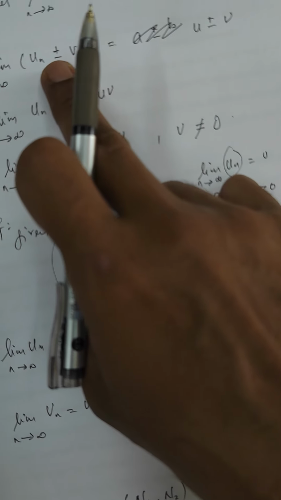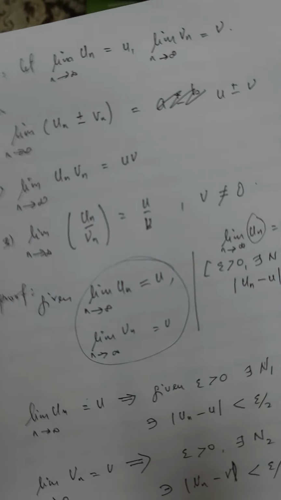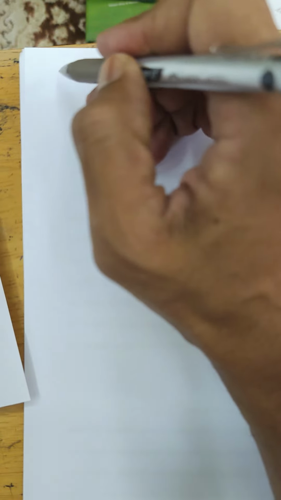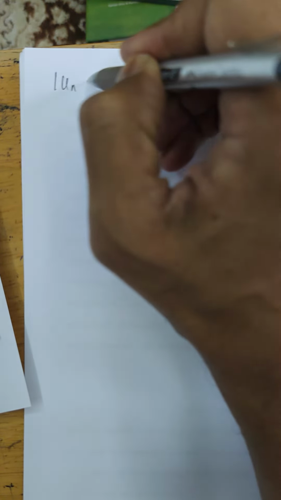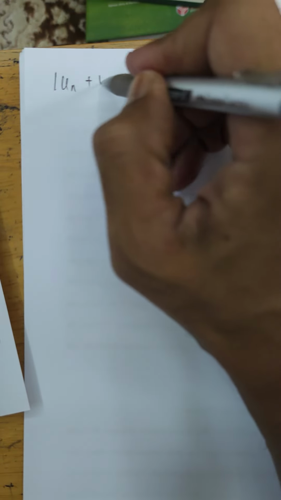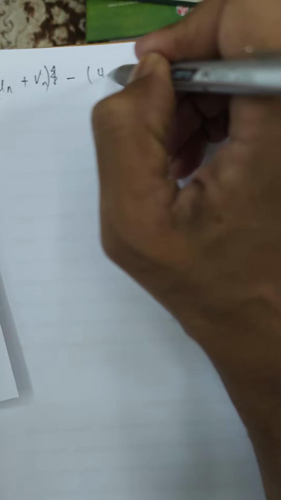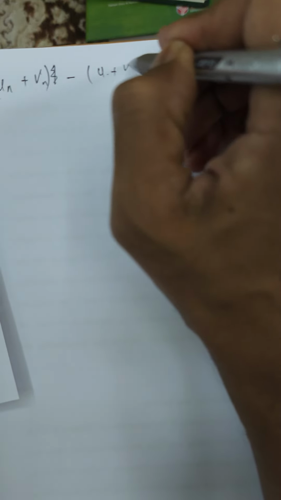That's what we have from the given sequences. We want to prove the addition of two sequences, so let me use another paper. We have the absolute value of un plus vn minus, and for minus I leave it to you as an exercise, it's simple, u plus v, that is the limit on the right side.